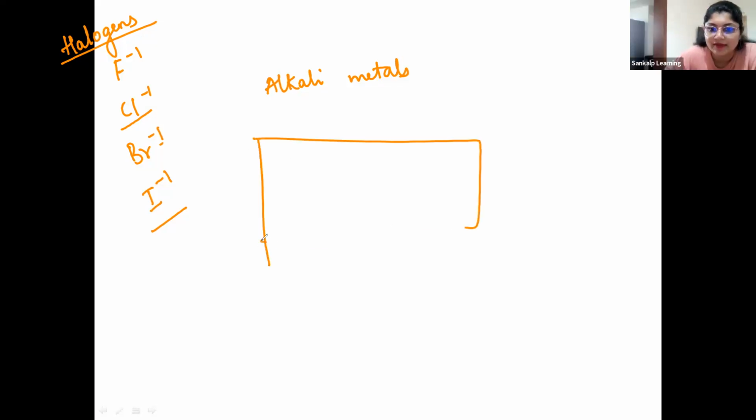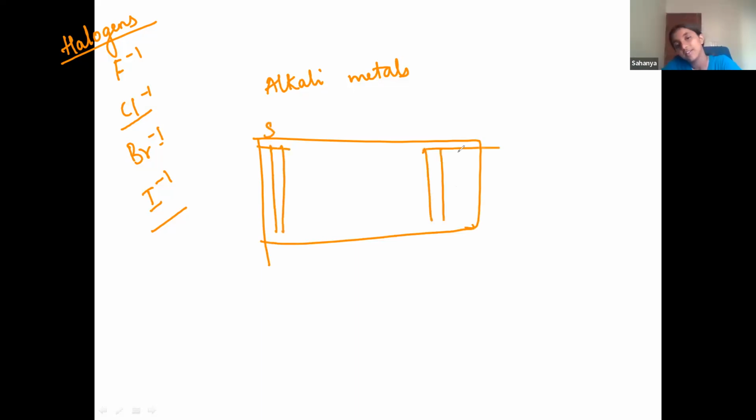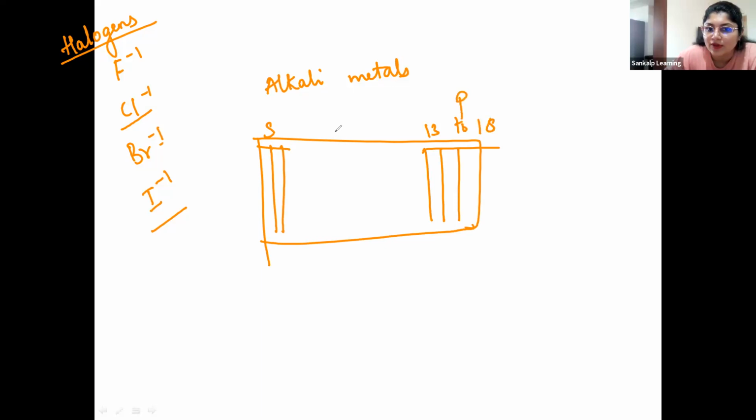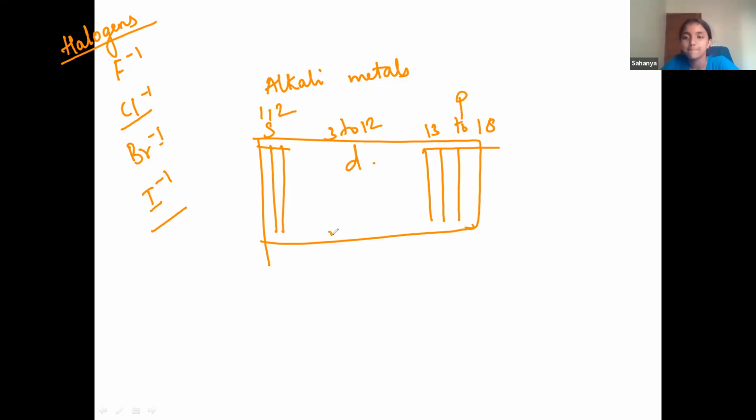If this is a periodic table, to your left side the first block is S block. Then from group 13 to 18 is your P block. This is groups 1 and 2. Then 3 to 12 is your D block, and F block is placed at the bottom.